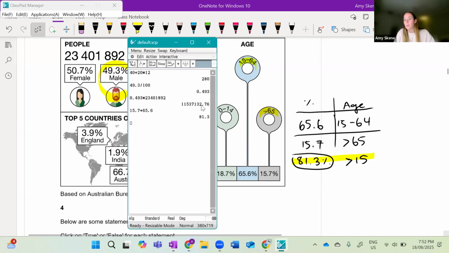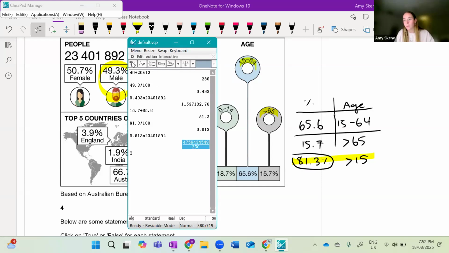And we're going to do the same as what we did last time. So we are going to calculate the number of people, and we're going to do that by doing 81.3. You're going to divide that by 100 to get it into its decimal format. Once you've got that in its decimal format, you can then multiply it by the number of people. And the number of people is 23,401,892.